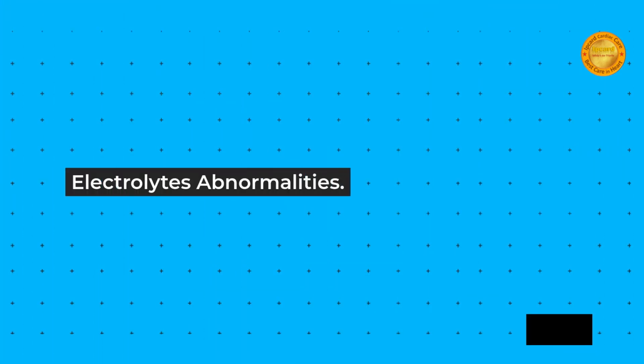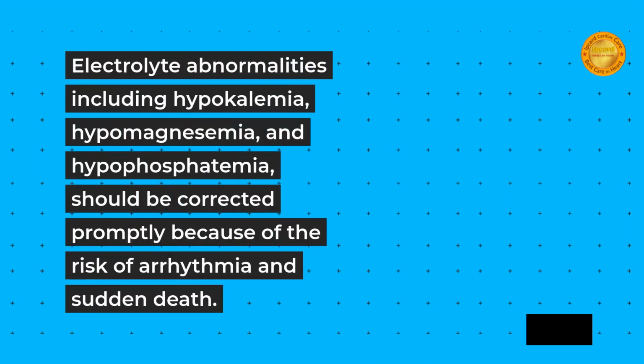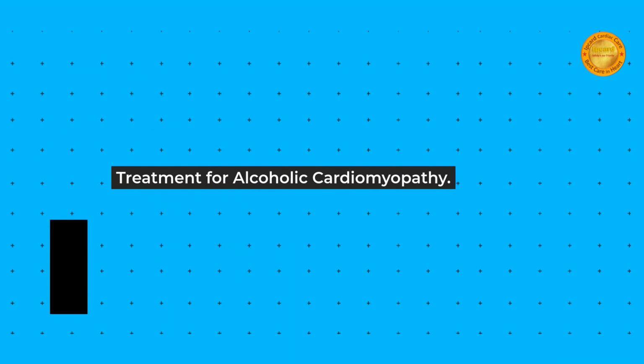Electrolyte abnormalities, including hypokalemia, hypomagnesemia, and hypophosphatemia, should be corrected promptly because of the risk of arrhythmia and sudden death.